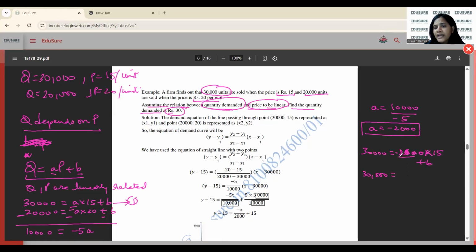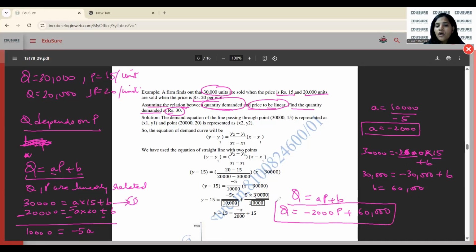So it is minus 2,000 into 15, which is minus 30,000, plus B. So B is coming out to be 60,000. All right. So your equation now becomes Q equals AP plus B, where Q will be equal to minus 2,000P plus 60,000. This is your equation. All right.